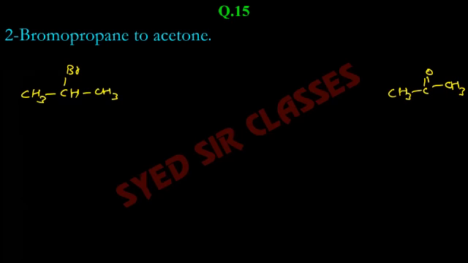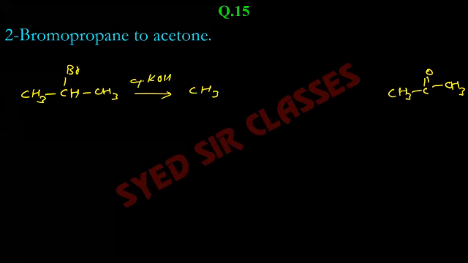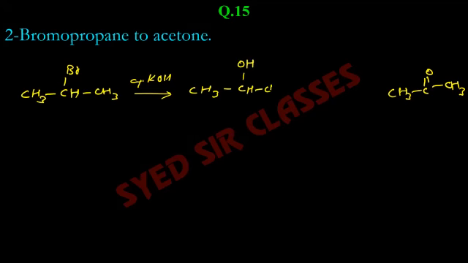So here we first convert this to alcohol with aqueous KOH. It will be CH3CHOHCH3. After that, we use copper at 573 Kelvin. It will get converted to ketone. Here we use copper in powder form, and it gives us very good heat.